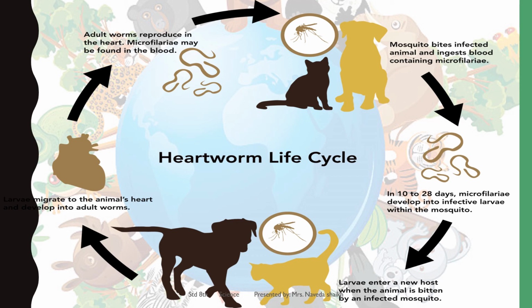This multiplies in the body of the mosquito, and then when this mosquito bites a healthy animal, like say a cat or a dog, this organism gets transferred into the healthy animal. And it migrates into the heart of the animal and develops into adult worms. And this adult worm reproduces in the heart. You can imagine how painful it is for the animals. And again the cycle goes on.